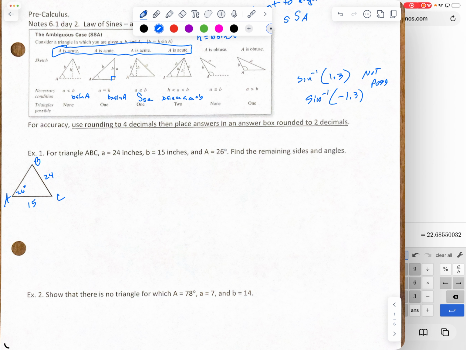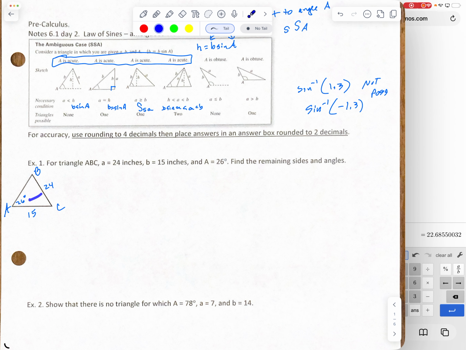And so I don't have to worry about a second triangle, but you have to know your stuff. Acute angle, possibility. Side-side-angle, a possibility, but opposite side's bigger than adjacent to the angle. Only one triangle. So that means I can find the measure of angle C by taking 180 degrees minus the 26 plus this.